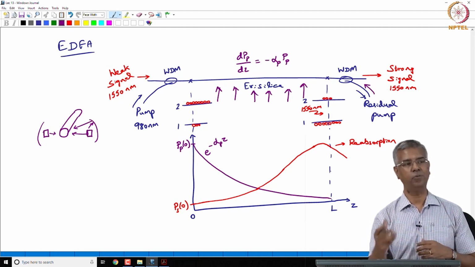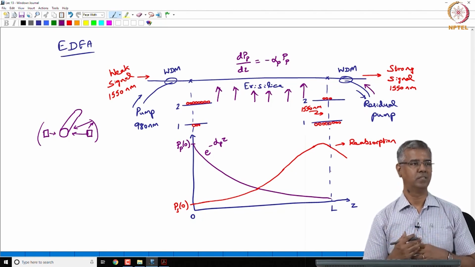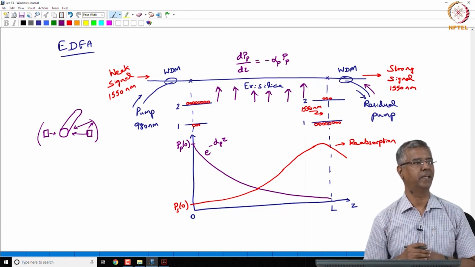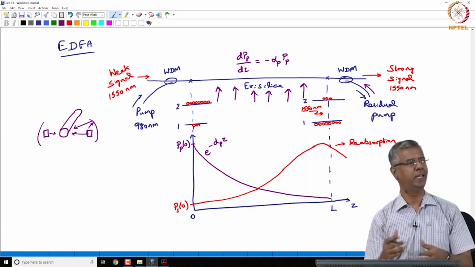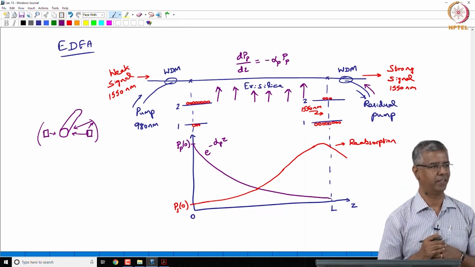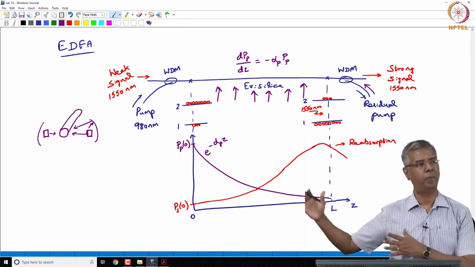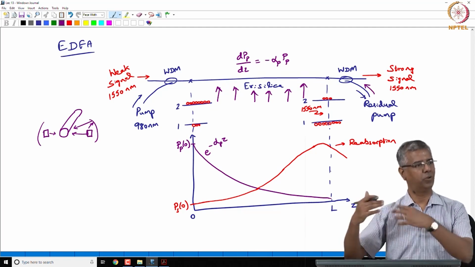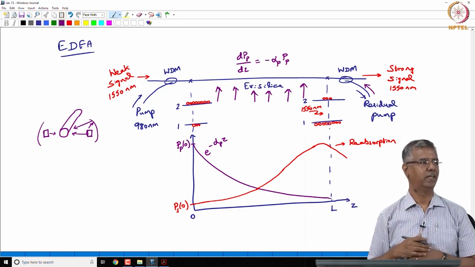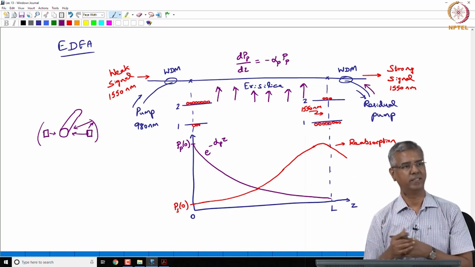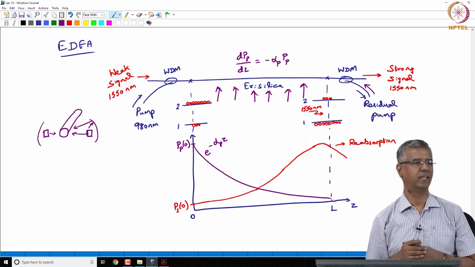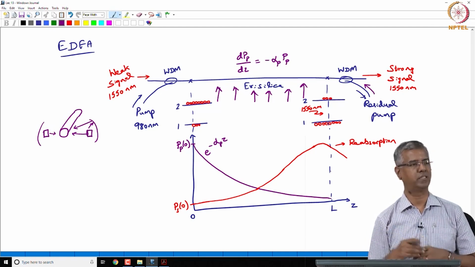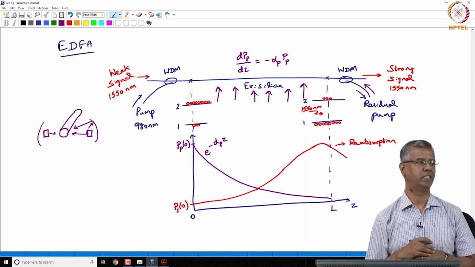So they need very few excited atoms to achieve the gain. They need very little inversion to achieve gain. And as they propagate towards the right side, your signal photons are getting multiplied, and they need more excited atoms, more inversion, right, to sustain their amplification.